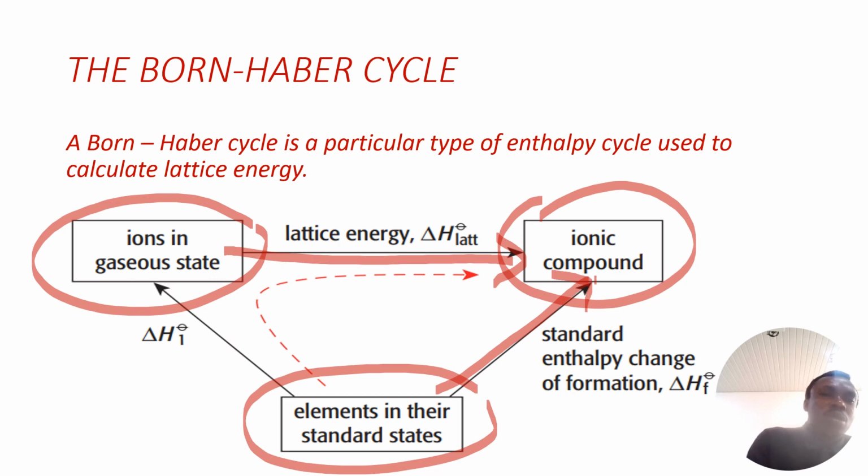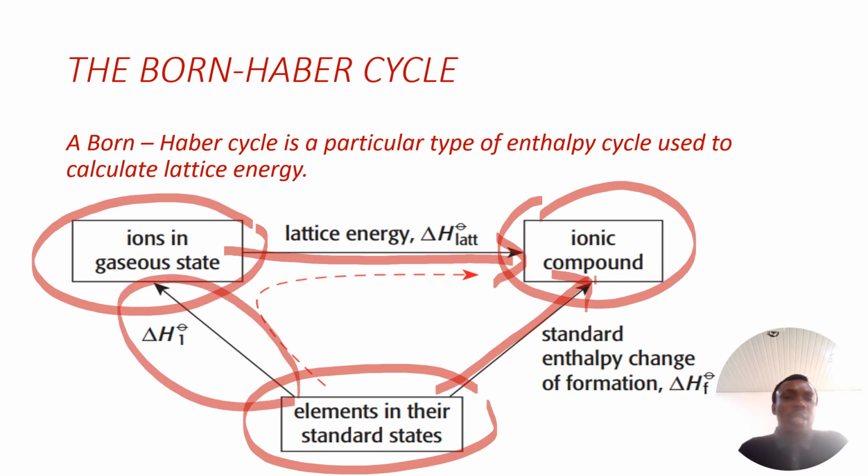Now from this point to this point, which is elements in their standard state to ions in gaseous state, we are dealing with an ionic compound. An ionic compound consists of a metal and a non-metal. In the formation of an ionic compound, it has to do with transfer of electrons from the metal to the non-metal. So from this point to this point, we are looking at the enthalpy change of atomization of the metal and enthalpy change of atomization of the non-metal.